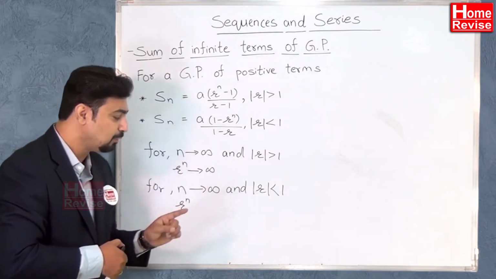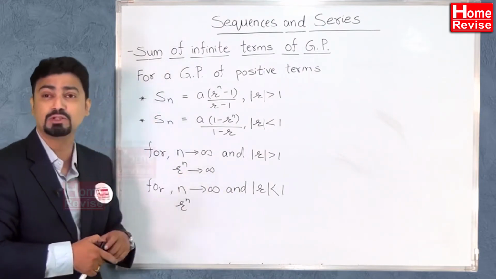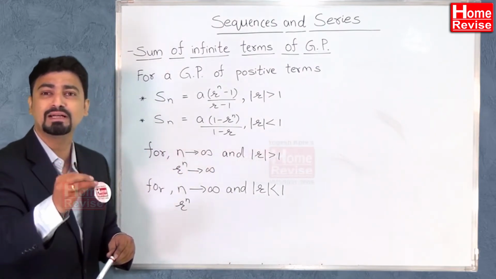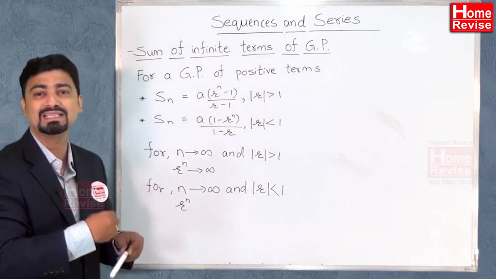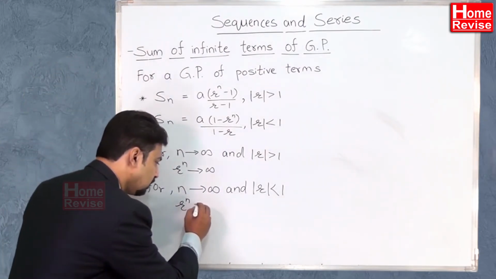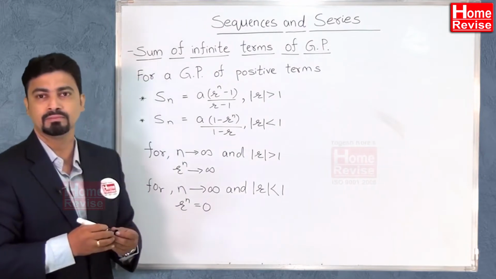For r less than 1, r raised to n for n tends to infinity will be approximately equal to 0, or in fact we can say that it will be equal to 0, correct?